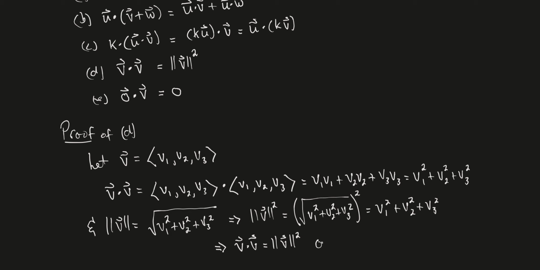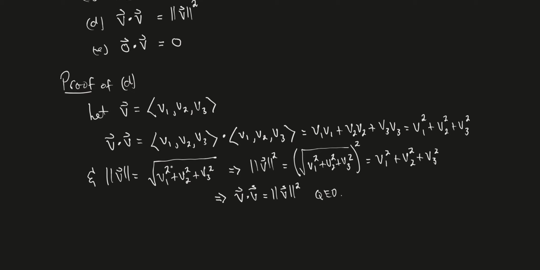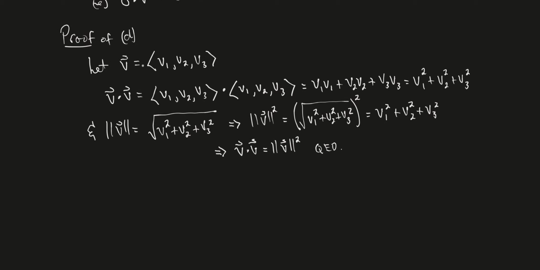And that's our QED. All right. The other ones are very, very similar, especially part A. Part A is very straightforward. You can go ahead and try that. But I just wanted to do this one because this is a result that we will use several times over.